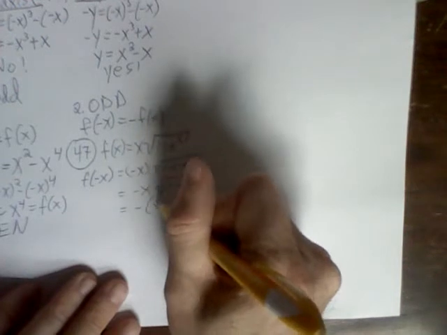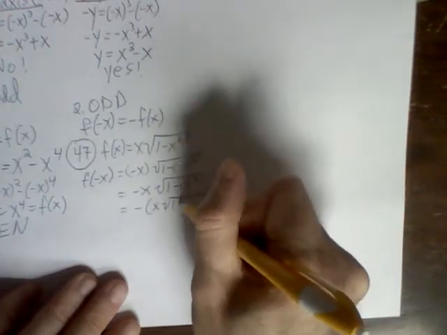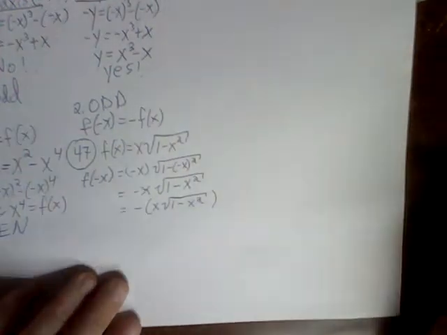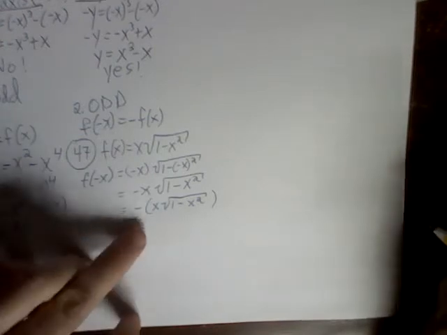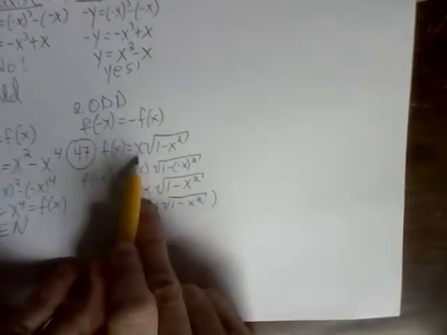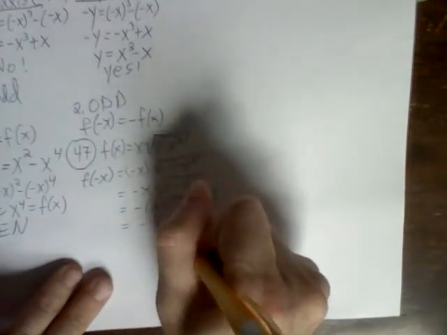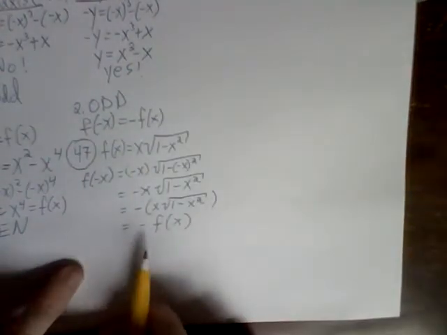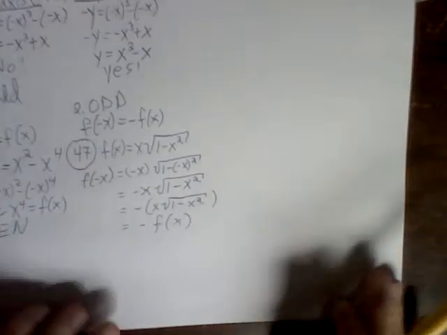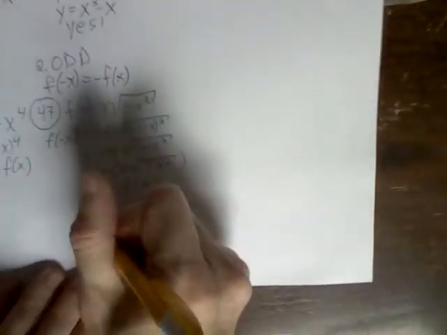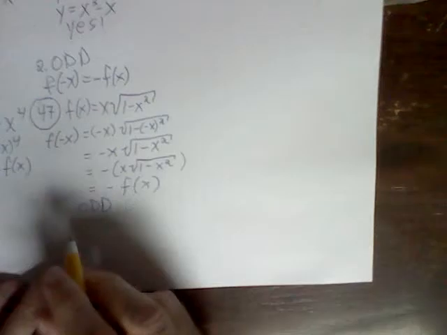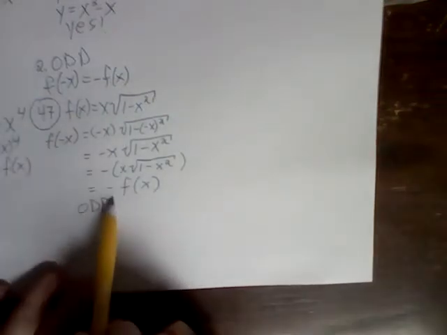If you don't see it, you can rewrite it as negative, and then we have x times the square root of 1 minus x squared, but that's just a negative in front of f of x. That literally is negative f of x. Okay? And that's what you're trying to show when you're looking for oddness. Okay, this is definitely odd, because f of negative x is equal to negative f of x.